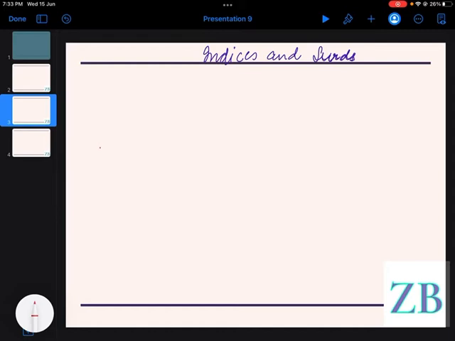Okay, so let's say 2 to the power of 3 is multiplied by 2 to the power of 4. Now you can pause the video and work out the answer, and after that you can resume the video and see what I do with the indices of both bases.